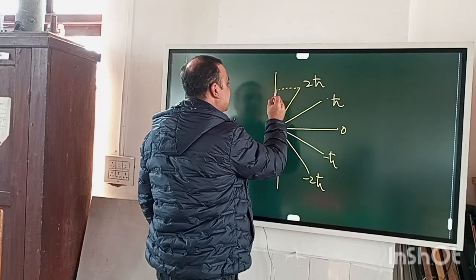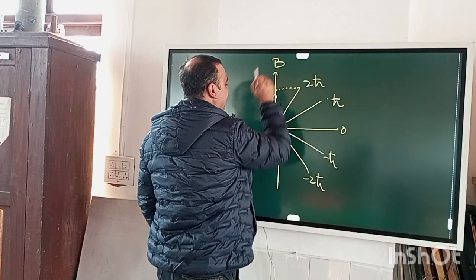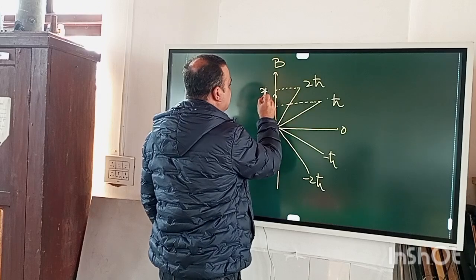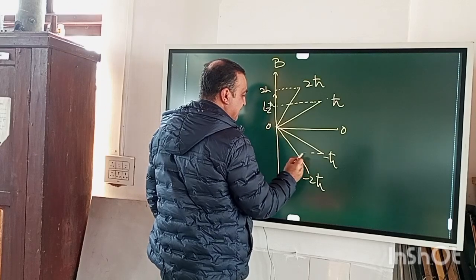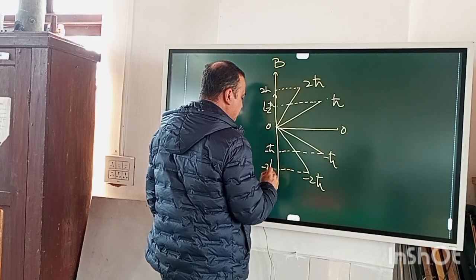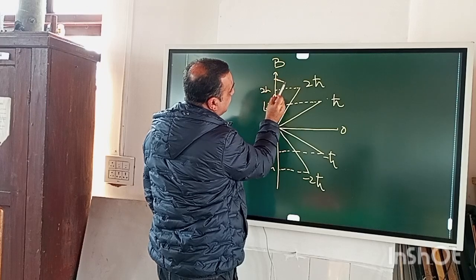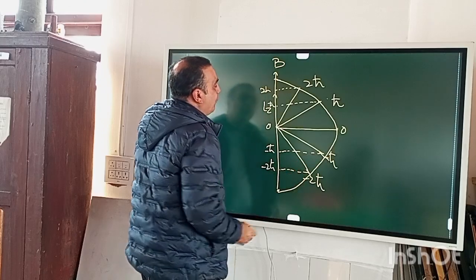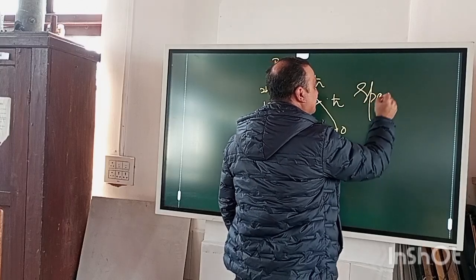So corresponding to this, this is our Lz, and this is the direction of the magnetic field, and this will be 2h bar, this will be h bar, and this will lead to 0, and this will lead to minus h bar, and this will lead to minus 2h bar, and we can project it in a semicircular way.